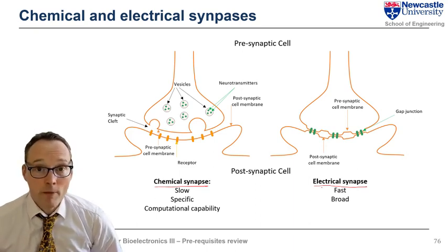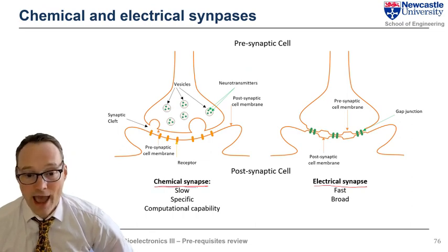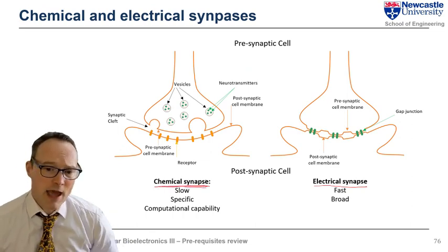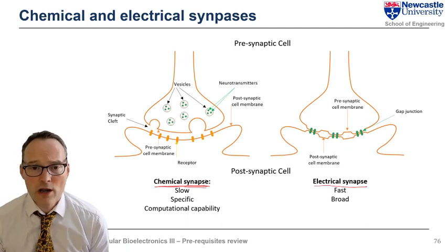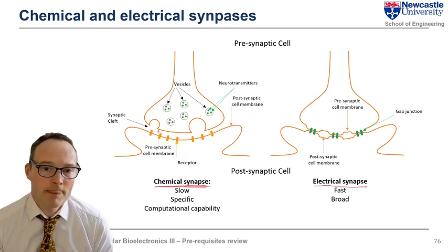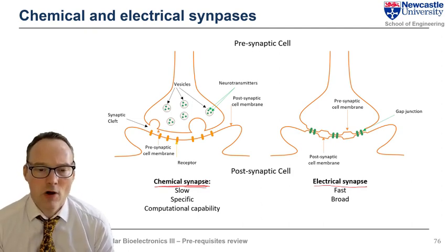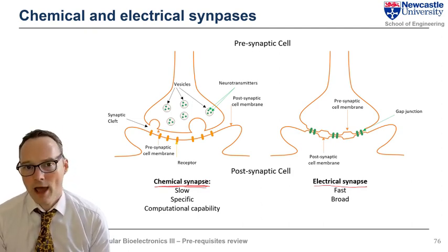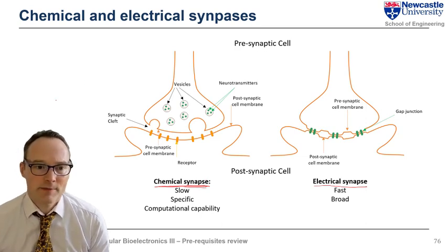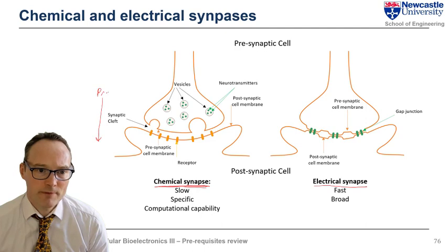The more common type of synapse inside our body is the chemical synapse. Now, chemical synapses are slower, but they allow for a certain amount of computation. And again, I'll discuss this more in detail later on, but the key criterion for any synapse is how efficiently it transfers information from the pre to the post synapse.